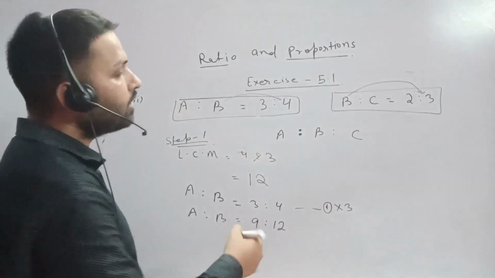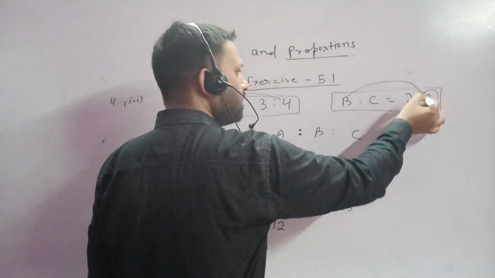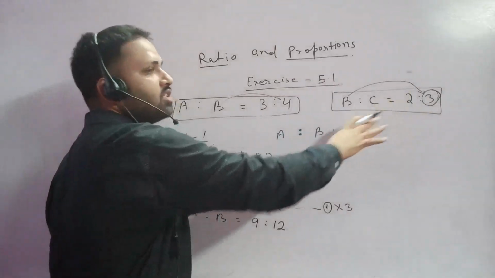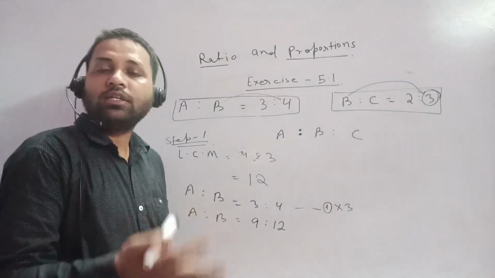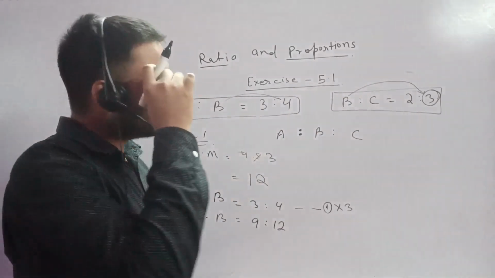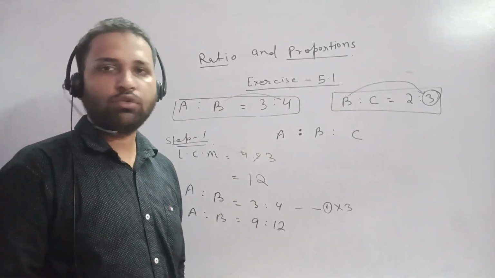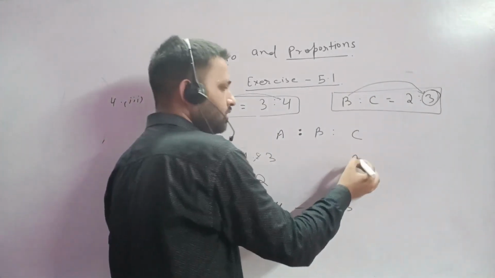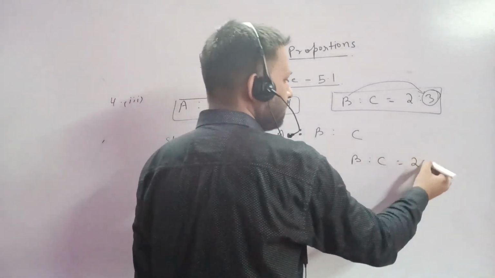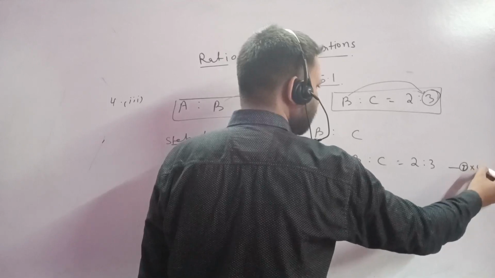Now the second ratio is 2 is to 3. We want to convert this 3 into 12. To get 12, read the table of 12: 3 fours are 12. So we multiply this ratio by 4.